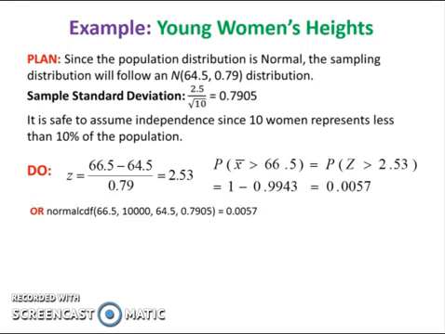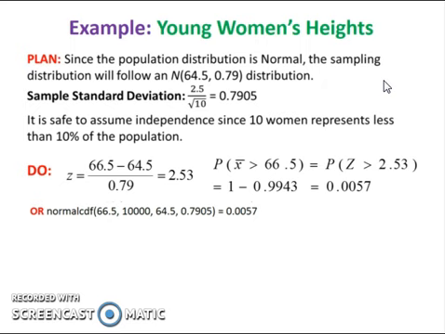Since the population distribution is normal, the sampling distribution will follow a normal distribution. The standard deviation is given by this formula here. You do have to show your steps on how you calculated it. Now, it is safe to assume independence, since 10 women represents less than 10% of the population of all women.